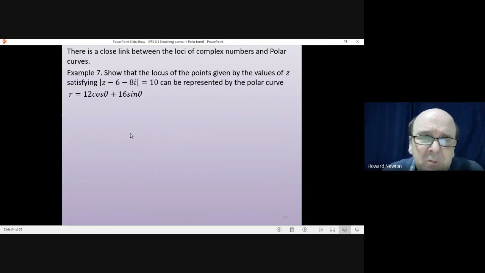Okay, if you can remember your complex number work, I'll let you have a go at doing this yourself first. So see if you can work your way through this question, pause the video, and then come back to me when you're ready.